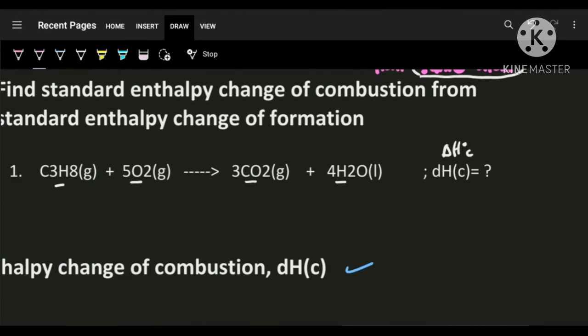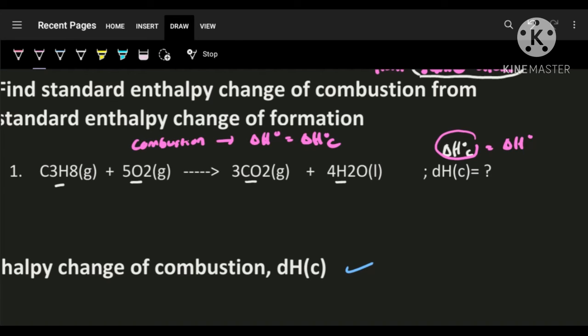Standard enthalpy change of combustion here is also the standard enthalpy change of reaction. Why do I say standard enthalpy change of combustion? Because it involves the combustion process. This is a combustion process, so the standard enthalpy change is also called the standard enthalpy change of combustion.